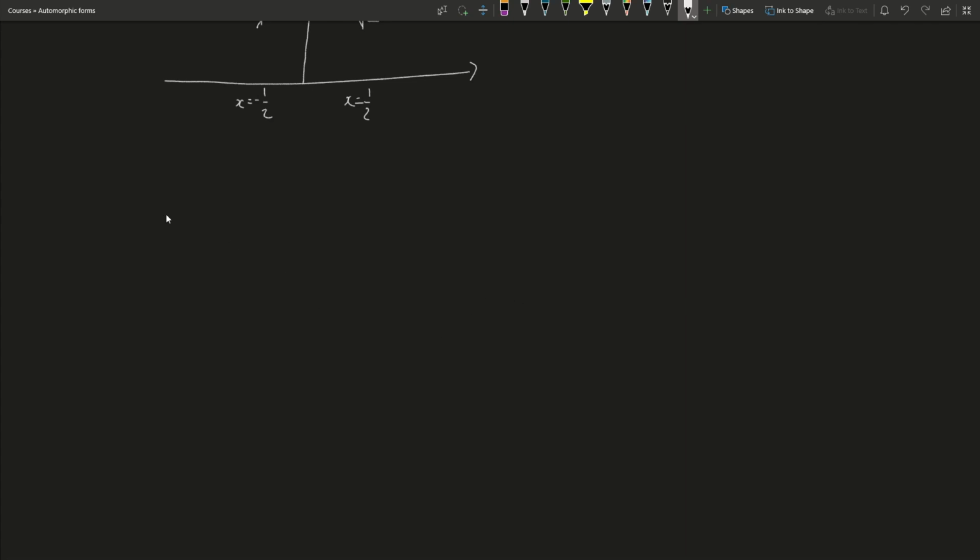Let me give an example, and the reference that I'm going to give for this is this paper of Zagier from 1985 called Modular Parametrizations, something.